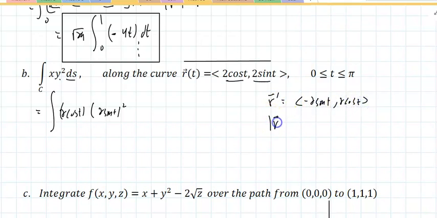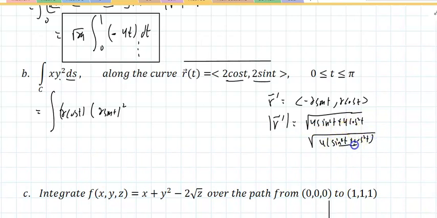And if I take the magnitude of r prime, that would be the square root of 4 sine squared of t plus 4 cosine squared of t. If you factor a 4 out, that is sine squared of t plus cosine squared of t, which is a 1. So this is a 2 times 2 dt, and t varies from 0 to pi. Nothing to it. You're done.